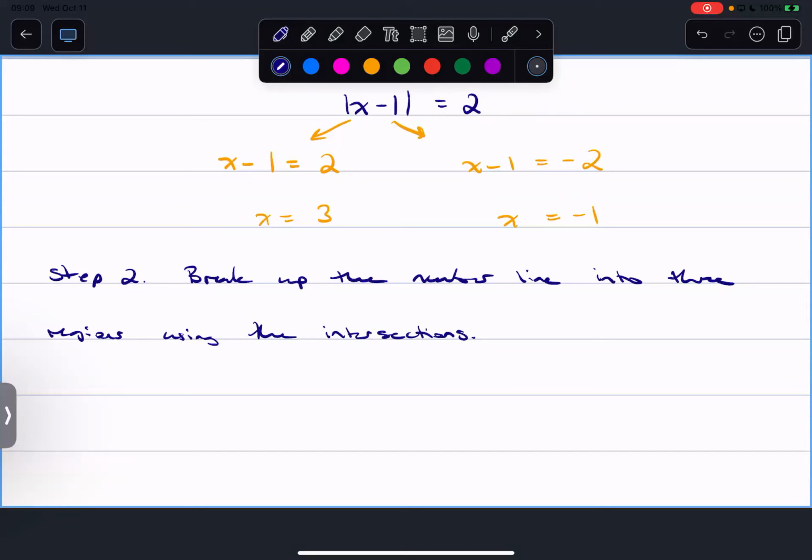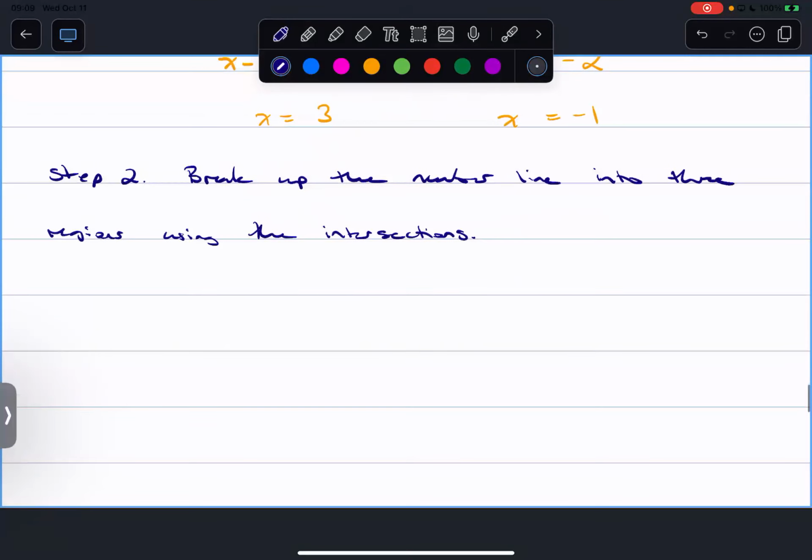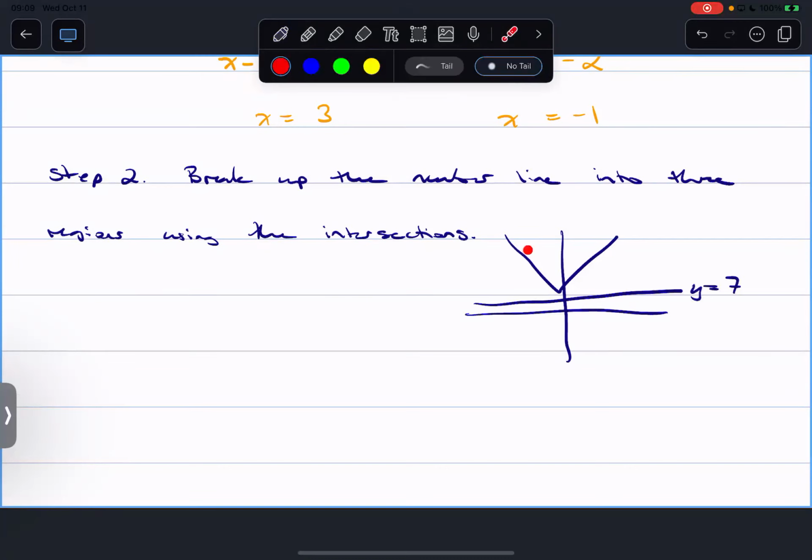If there are no intersections, then it's either always true or never true, and you can just plug values in and figure out which one's which. It can either look like this, if this is at y equals 7, all the outputs are greater than 7, so it's always true. Or if you have something like this, that's never greater than 7, so there are no solutions.